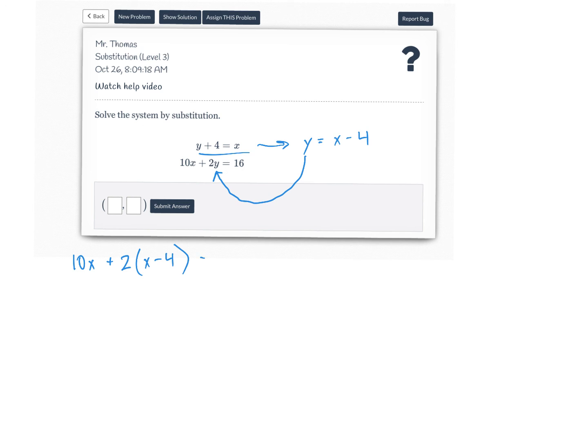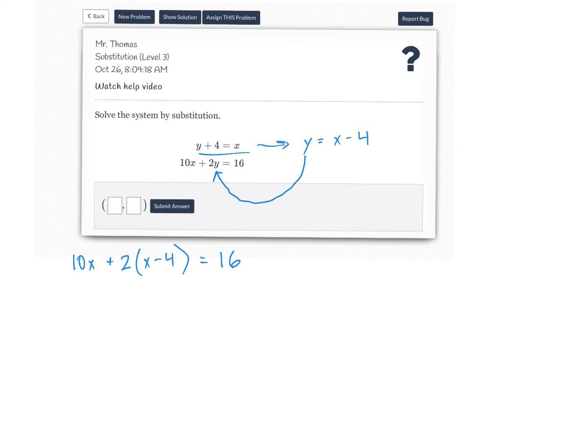So boom, here we are. This is the second equation rewritten. Look, this is this equation here. I rewrote it, but instead of y, I erased y and I put what y is over here. Y is also x minus 4.